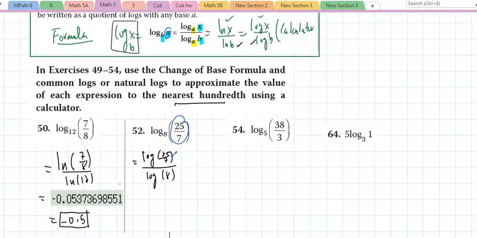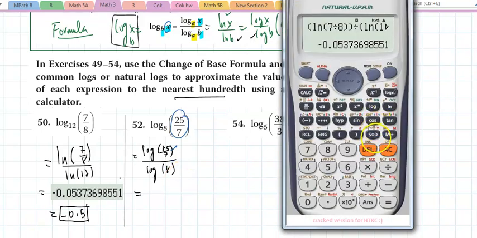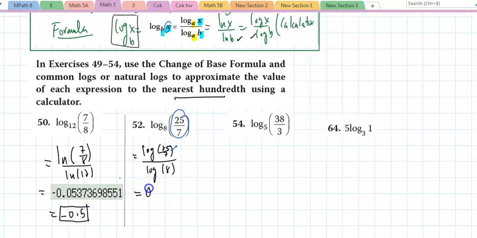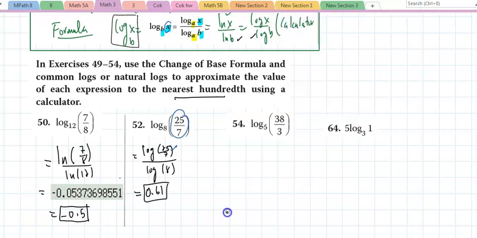So in this case, if I get my calculator out, and if I take parentheses log of 25 divided by 7, divided by log of 8, I'll get 0.61. Now, just to demonstrate, I could have said, let's take natural log of 25 divided by 7 divided by natural log of 8. As long as the base is the same, you get the same answer. You can't get it wrong.